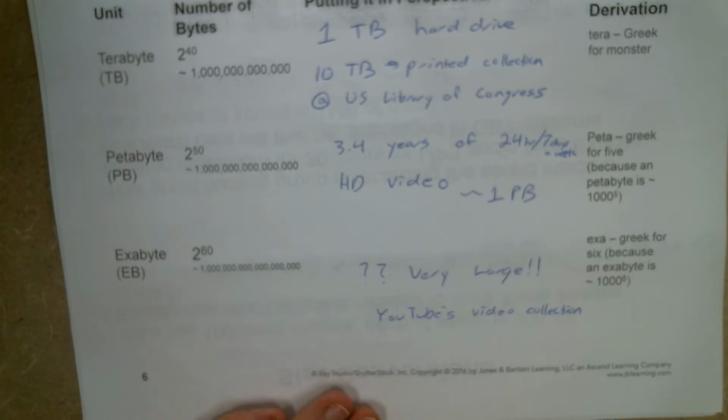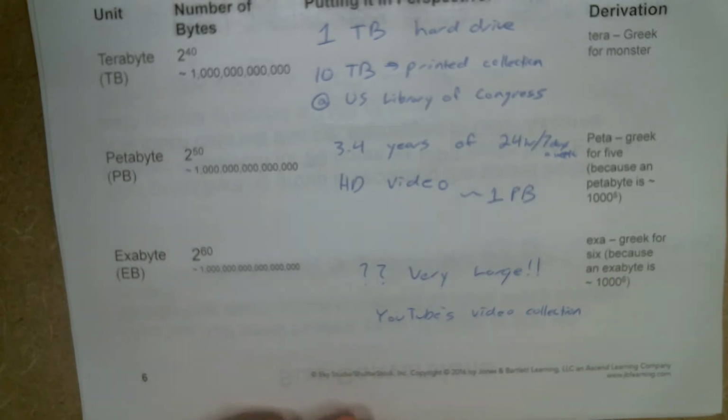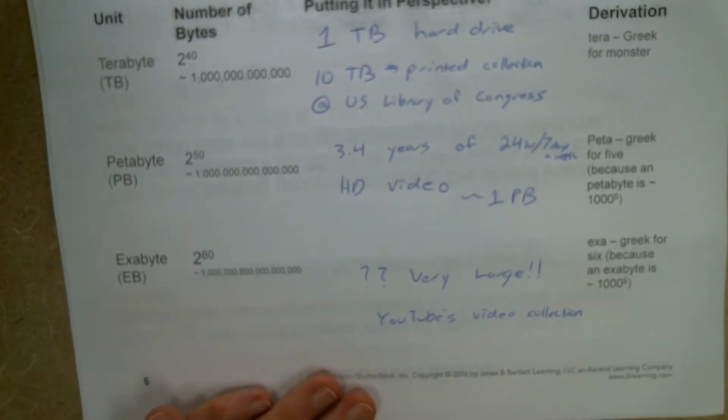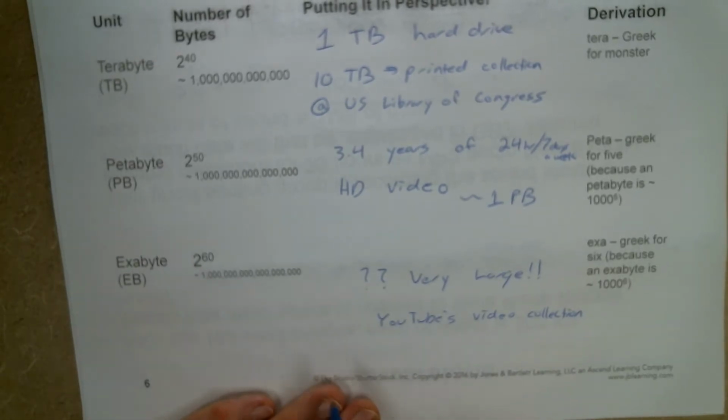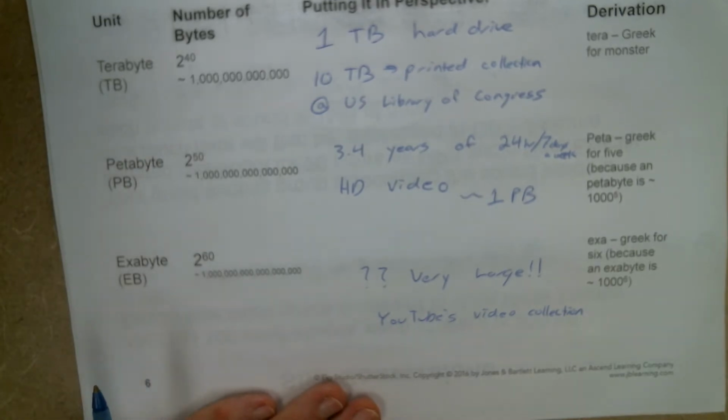It's probably more than 1 exabyte at this point. Maybe it's in the 5 to 10 range. I don't really know. But that's what you're talking about. If you think about every possible single video on YouTube, even these amazing videos that I'm making, and put them all together, then you're in that range of exabyte storage.